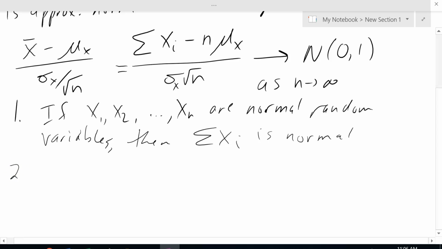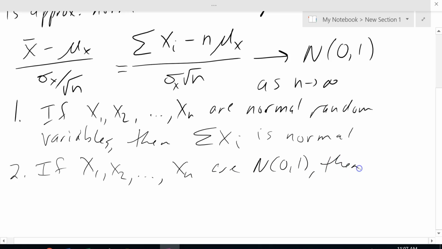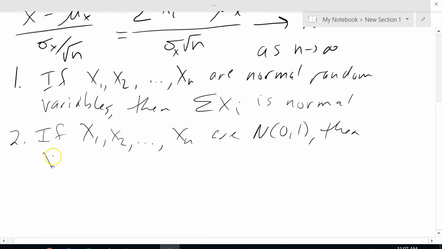What if there are standard normals? What is the distribution of the sum of the squares? Again, I know I didn't write it down, but I'm assuming things are independent here.